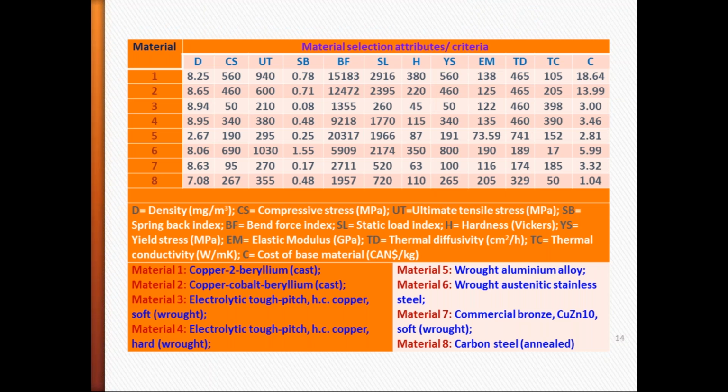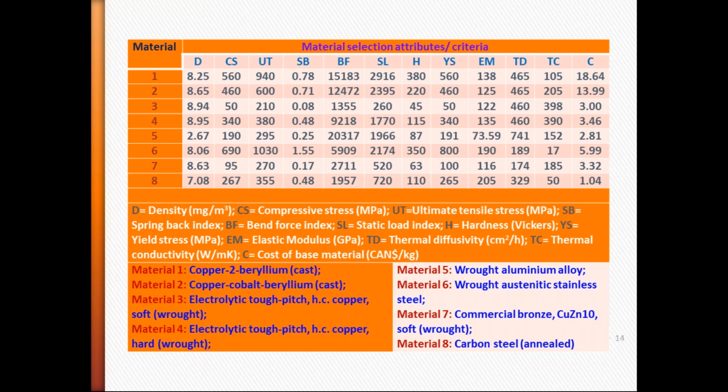Now the question arises, how to aggregate? Follow material 1, the first row, where the D value is 8.25, CS is 560, UT is 940. If we add all the entries of row 1, that is for material 1, can we tell the aggregated sum is the equivalent single index for material 1?